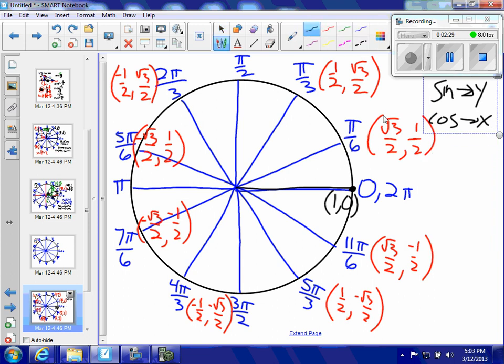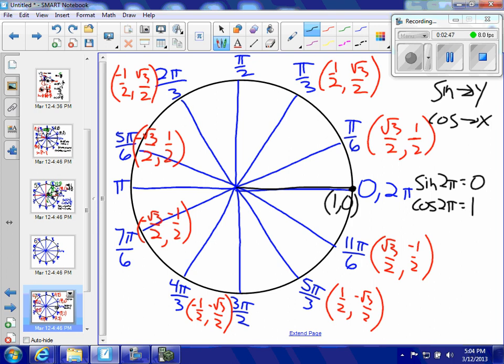So I say sine 2 pi, or sine 0, is equal to 0. I have no y value there. Cosine 2 pi, or cosine 0, is equal to 1.